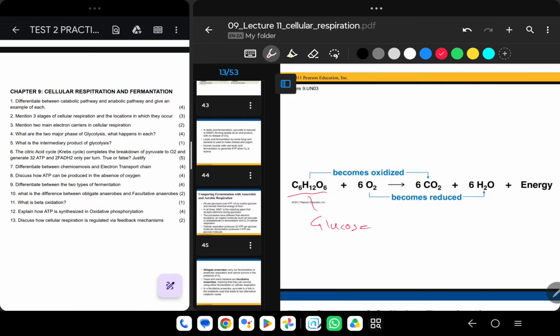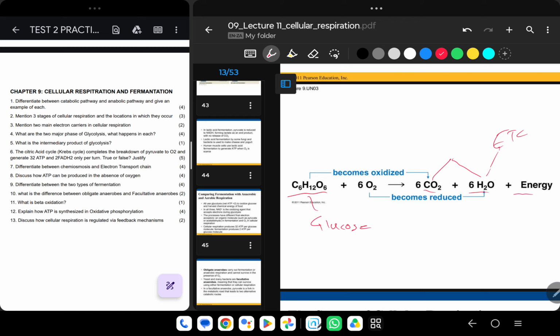Glucose and oxygen in cellular respiration give products carbon dioxide and water. These two products, the carbon dioxide and water, you're going to see where they get produced, especially the water. You'll see that water gets produced in the what? As we undergo the electron transport chain. So you'll see where each product gets formed.